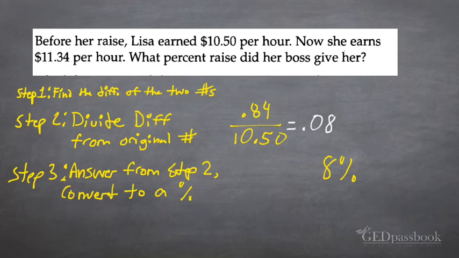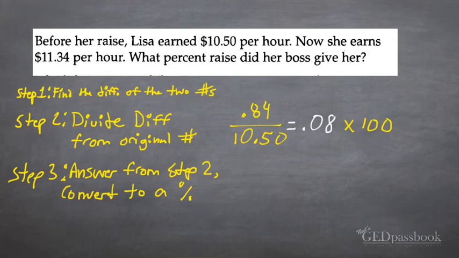There is a secondary way that I find people, obviously with calculators, love to do. The decimal that they have after doing step number 2, do me a favor. 0.08, multiply it by 100.